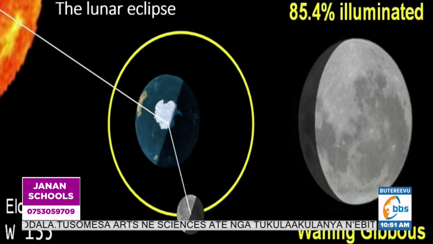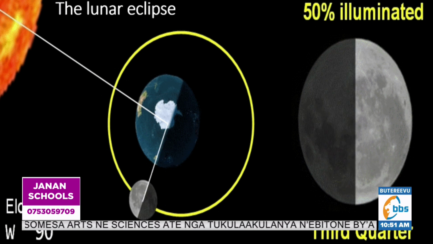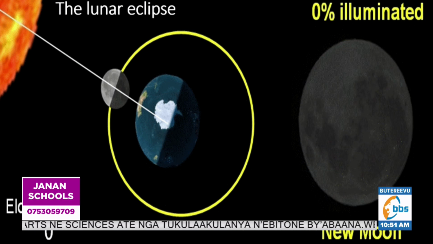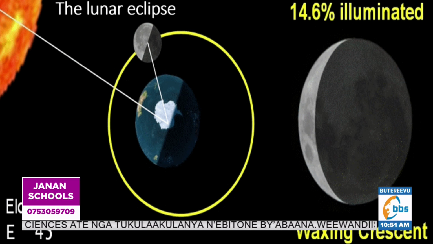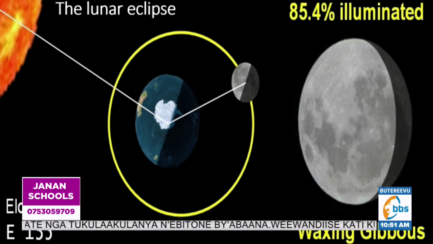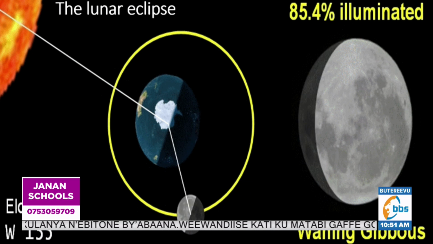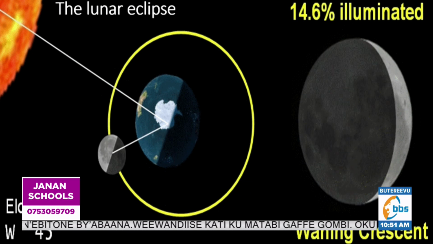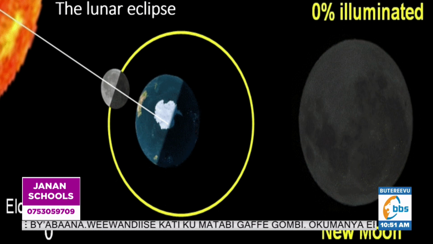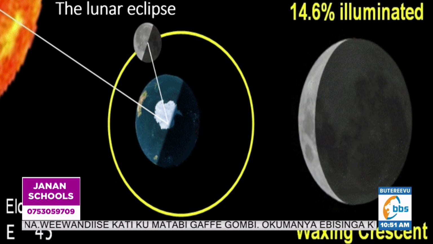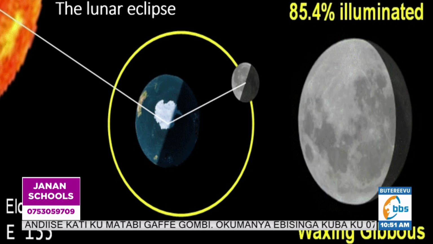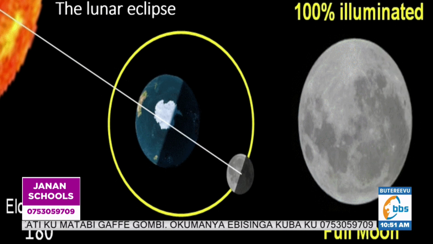Have you ever realized that there are days when we see the moon, but it's a half of it, you see just a quarter of it? Let us observe the different shapes of the moon. Look at the first quarter.